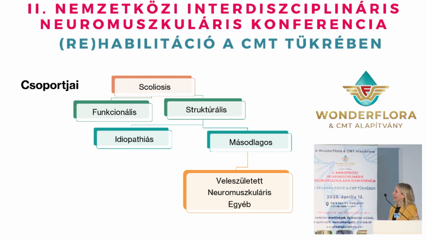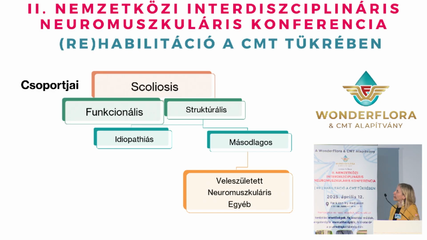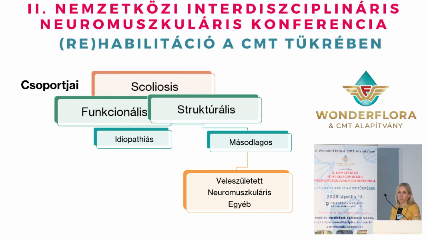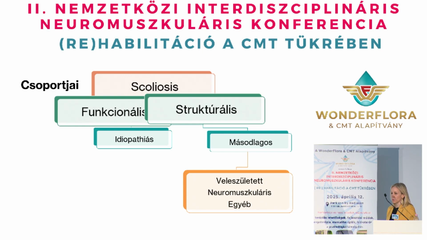Now, this is a grouping of scoliosis prognoses based on their types. You have functional and you have structural scoliosis situations. The difference is that in the case of functional scoliosis, the vertebrae do not rotate out of position. So when you do some screening, you do not see any anatomical changes.